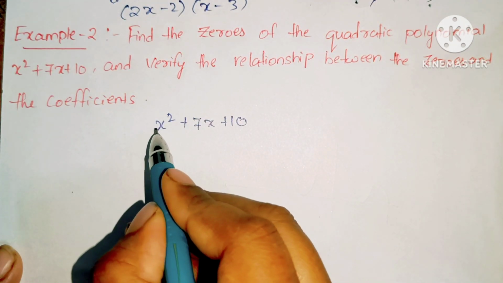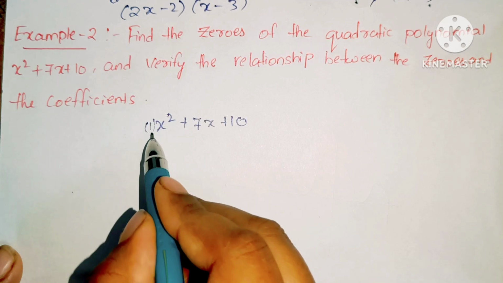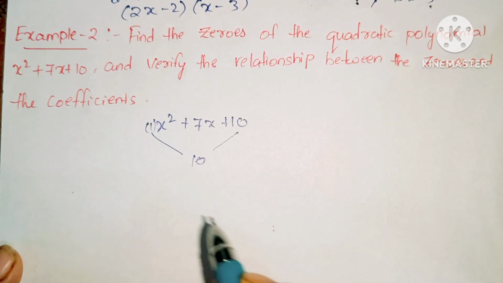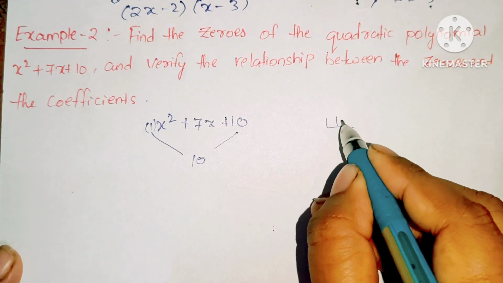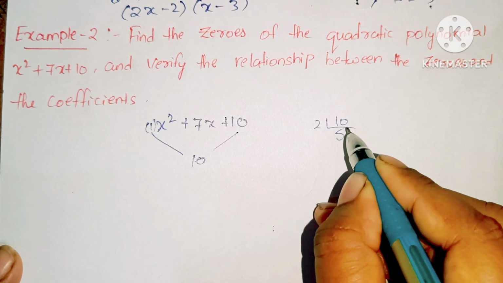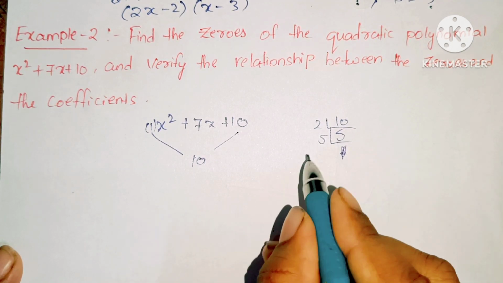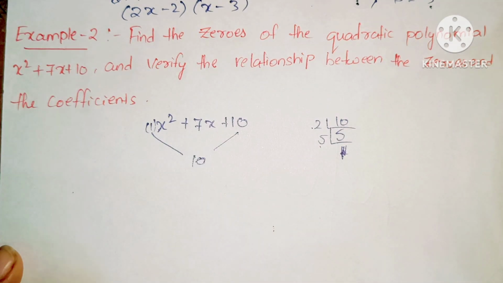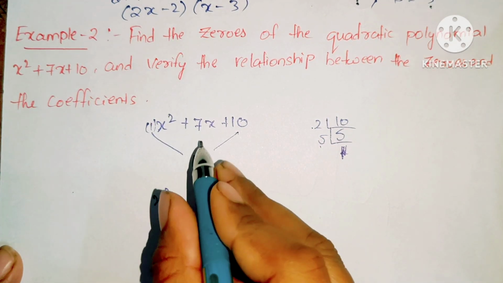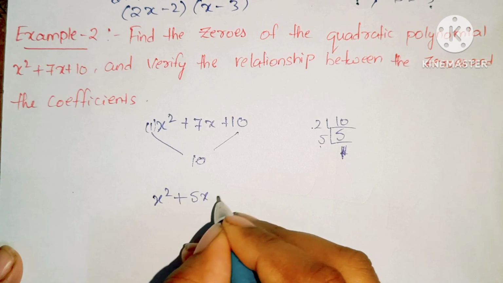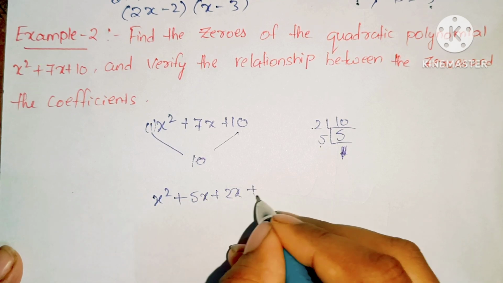See here, before x square nothing is there, that means 1. So 1 into 10 how much? 10. Okay, a simple way I am saying to find roots. 2 fives are 10, 5 ones are 5. So 2 plus 5 how much? 7. Okay, you can write down here. You can split 7x into 5x plus 2x plus 10.